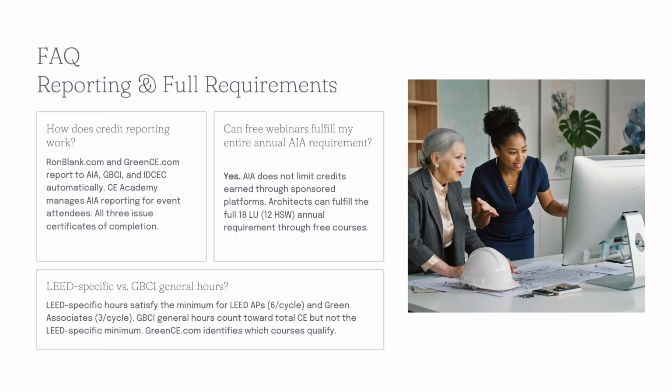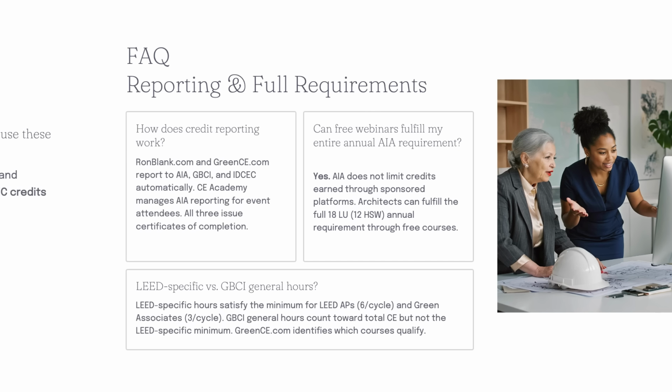What is the difference between LEED-specific hours and GBCI general hours? LEED-specific hours must be earned by LEED APs, 6 per 2-year cycle, and LEED Green Associates, 3 per cycle, to maintain credentials. GBCI general hours count towards total CE, but do not satisfy the LEED-specific minimum. greence.com identifies which courses qualify for each.